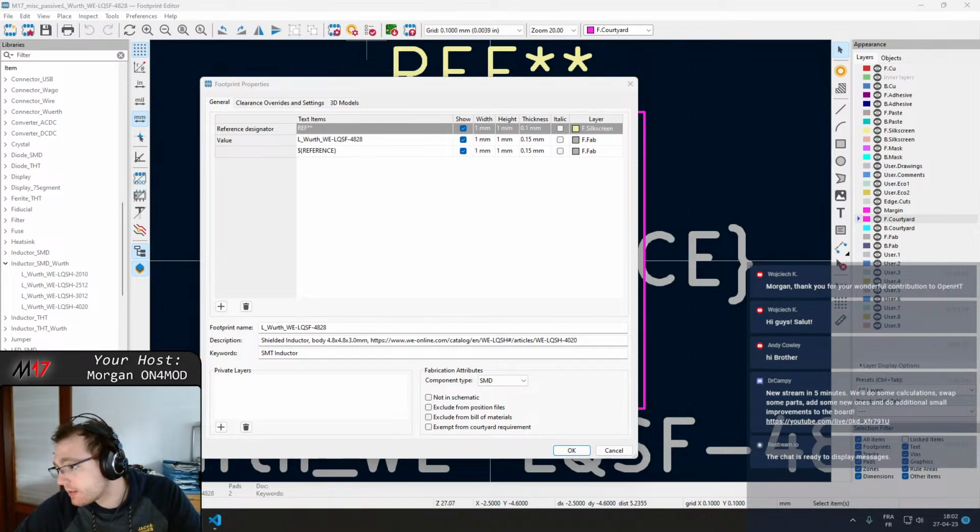Files. Specifications. Do we have somewhere the specifications of the footprint? Oh yeah, dimensions right here.